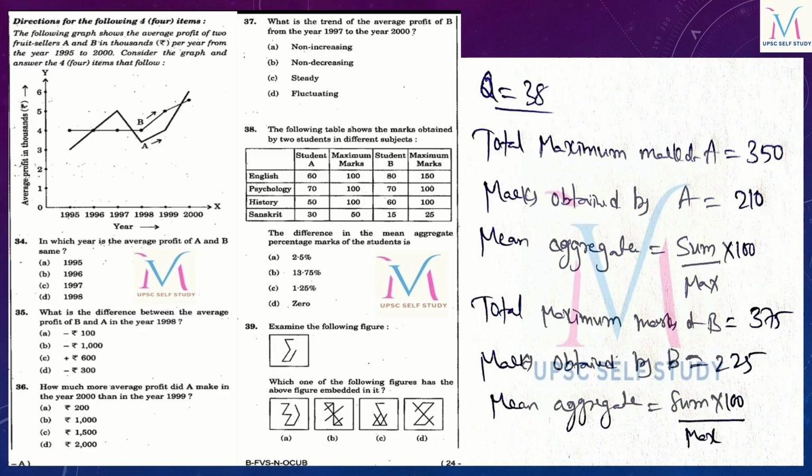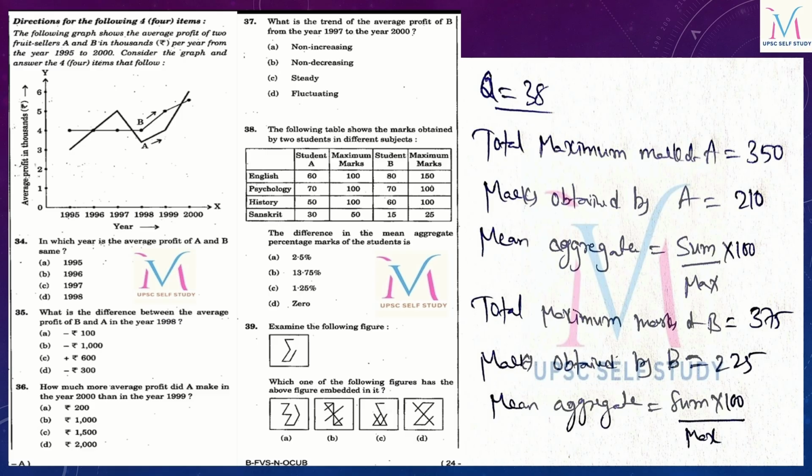There are four subjects, and student A got the marks kept in the table, along with the maximum marks for student A shown beside the table. Regarding student B, how many marks he got and the maximum marks for that are also given. So the question is the difference in the mean aggregate percentage marks of the students. Now look at the solution box that I have written.